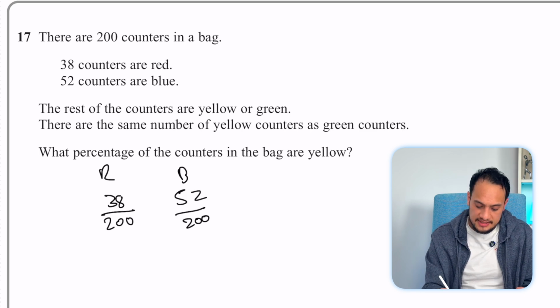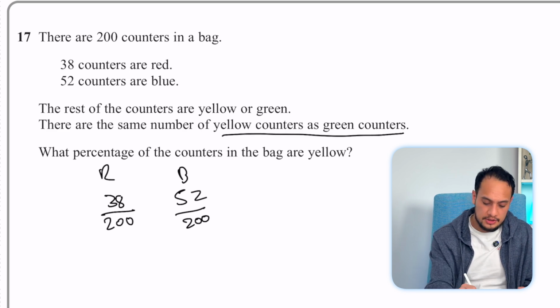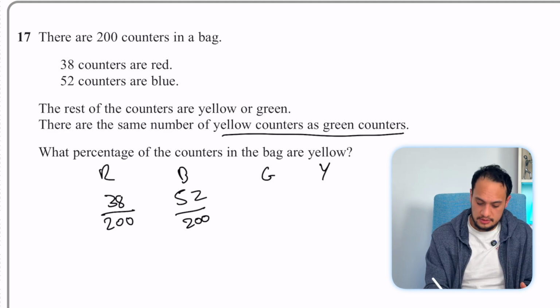And then I know that the same amount, because it says the same number of yellow counters as green counters. So what I can do is, again, I'm going to say green and then yellow. I'm going to give it a letter. So I'm going to call it X and X because it's the same amount. I'm going to put them over 200 like that.